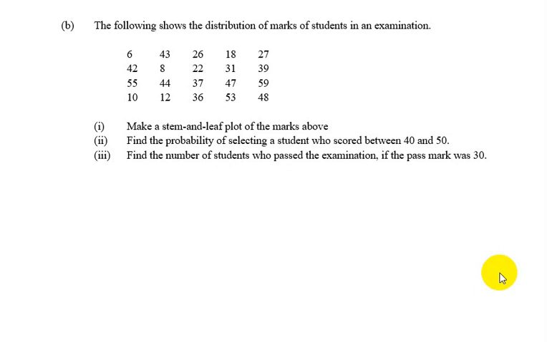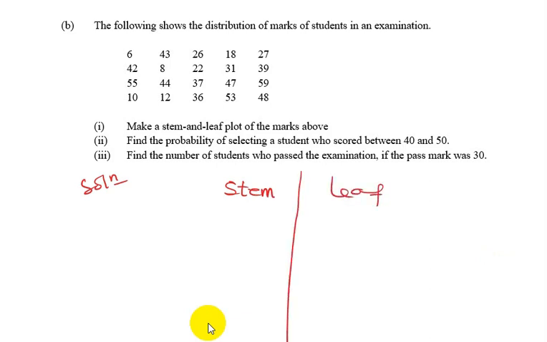So now let's get straight into it. This will be our stem, and here will be our leaf. So we'll have our stem and leaf plot. Now we are writing the tens of a number at the stem side, and the leaf side will be the ones.